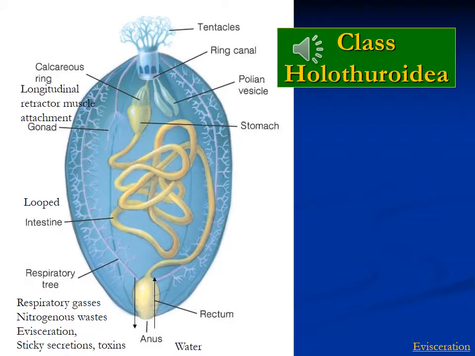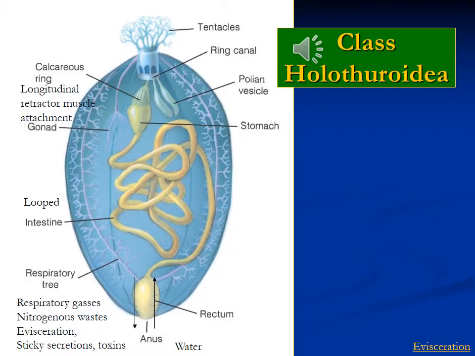The sea cucumbers use those tentacles up top to ingest particulate organic matter. The mucus covering the tentacles traps food, and then I'm assuming cilia associated with those tentacles moves the food into the mouth of the animal.